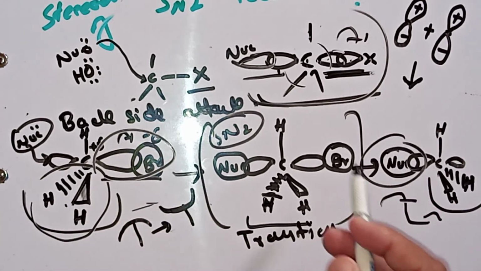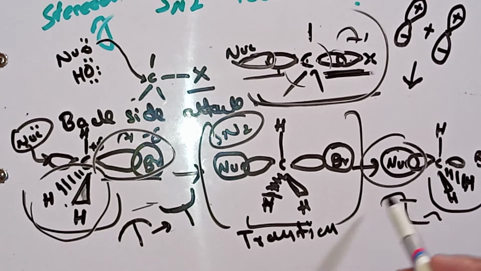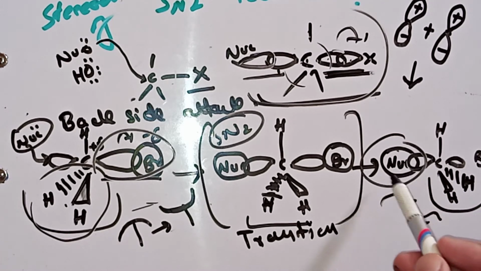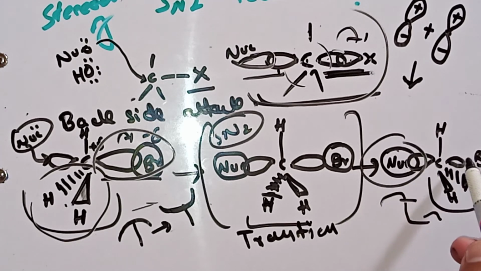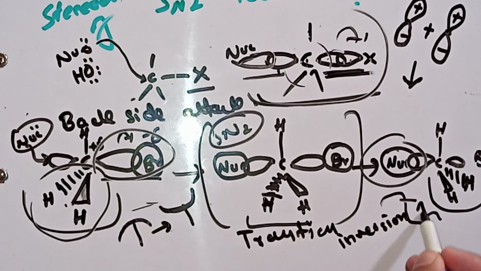It means that before, bromide was attached on this position, but now the nucleophile will attack on the position that is opposite to the leaving group. So this process is called inversion of configuration.